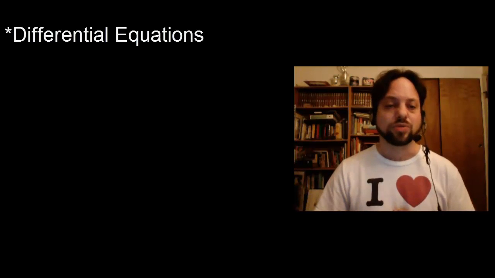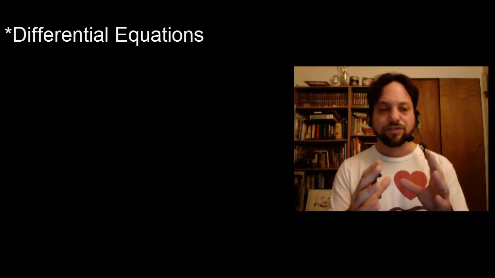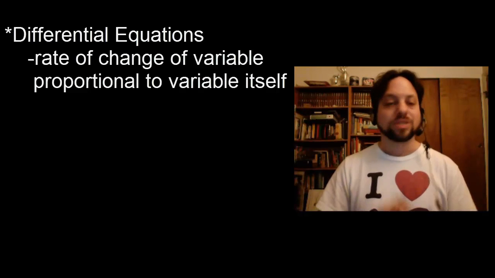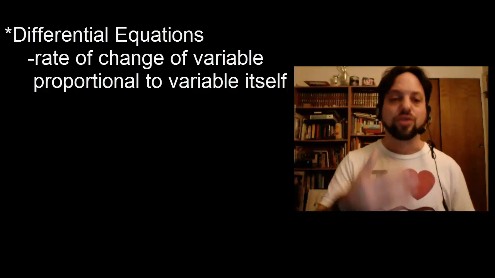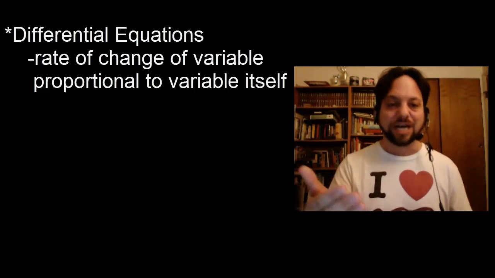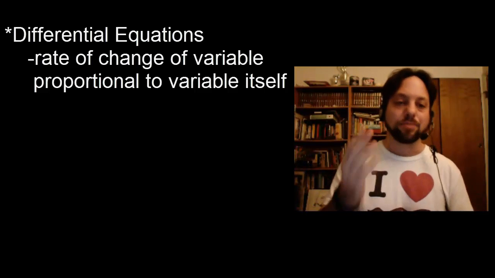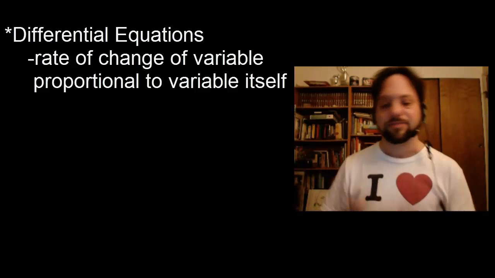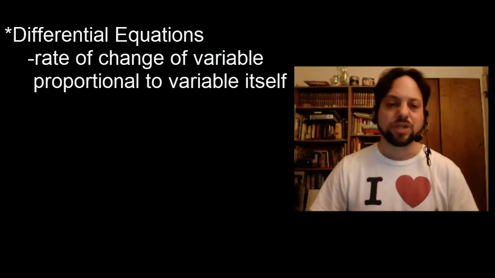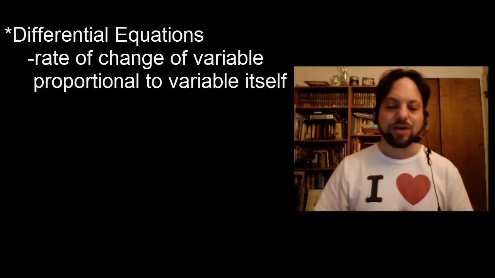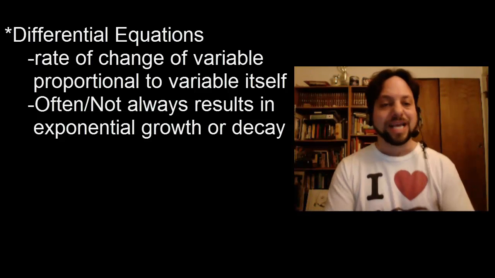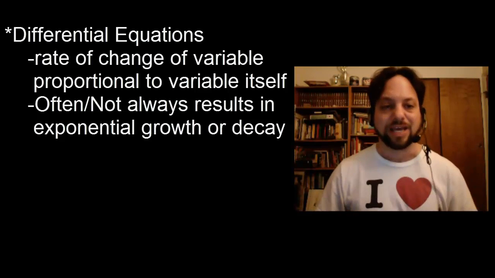In this lesson, we worked with a certain class of differential equations in which the rate of change of a variable was proportional to the value of the variable itself. That's why we had a lot of y prime equaling some proportion of y. From there, we learned how to break that down and how that often, not always, resulted in exponential growth or decay.